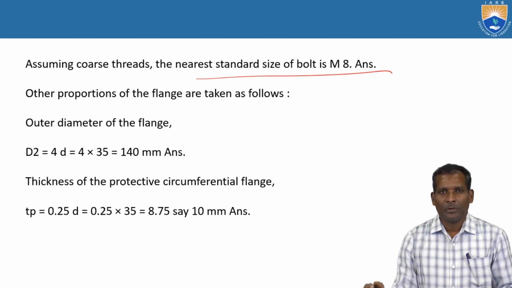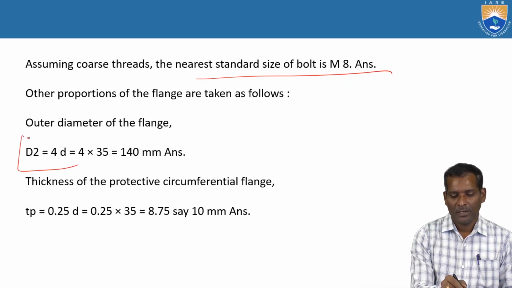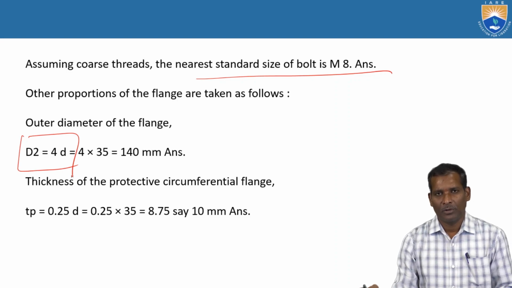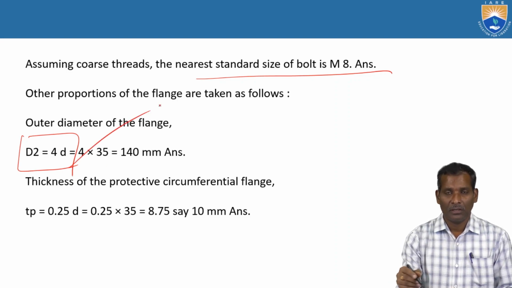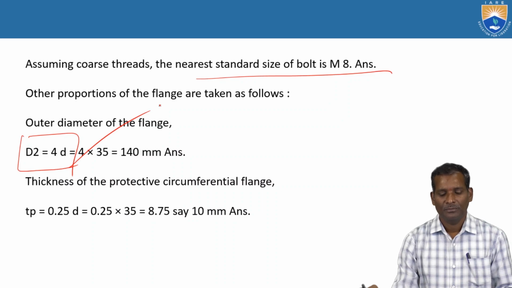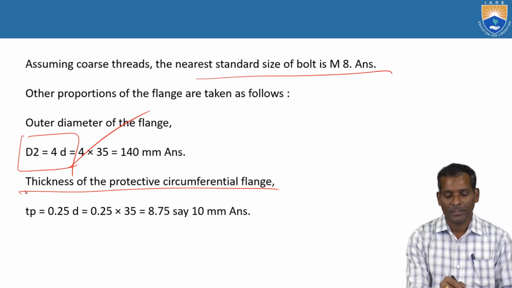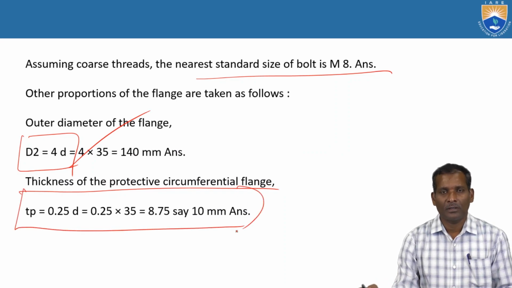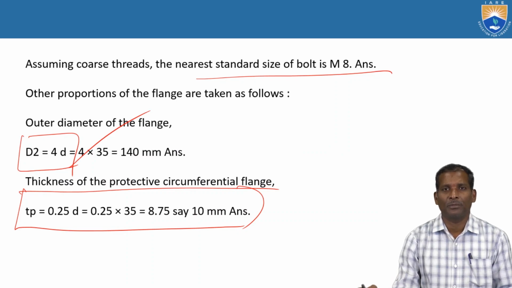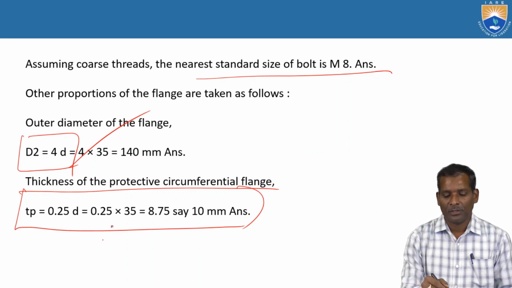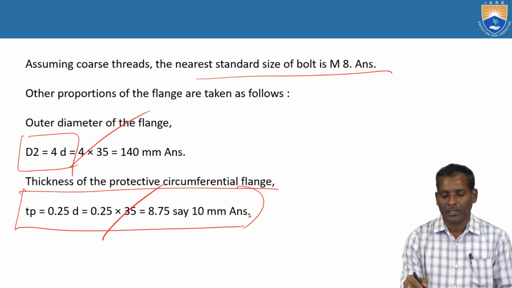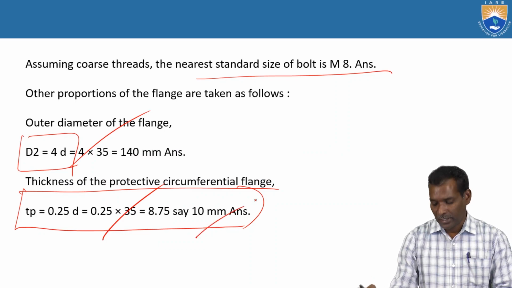For the other remaining proportions, use empirical relations only. The outer diameter of the flanges is 4 times d. The thickness of the protective circumferential flange is 0.25 times d. Substituting the diameter of the shaft, the obtained value is 10 mm.